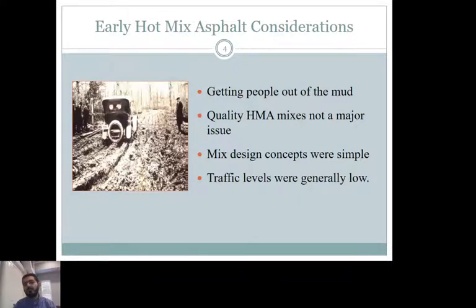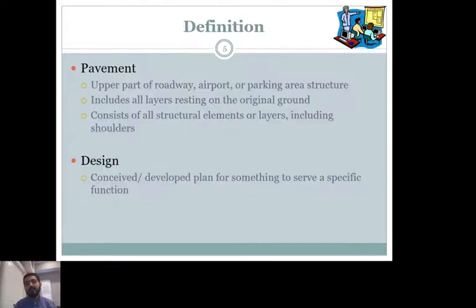If a mix would work fine in one state, they would just implement it as is in another state, until they figured out there was something wrong and then they needed to change. But the mix design concepts were very simple. The amount of traffic back then was also very low. Therefore, again, it was just trial and error at the beginning, as the first stage.